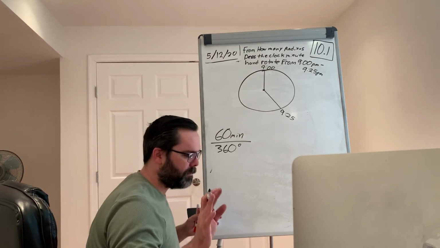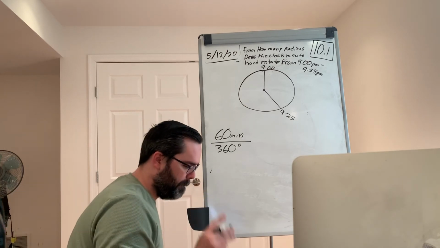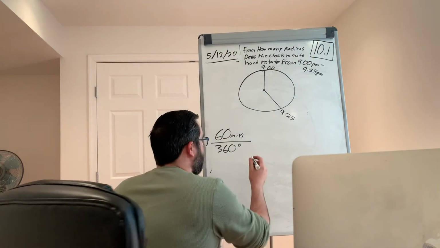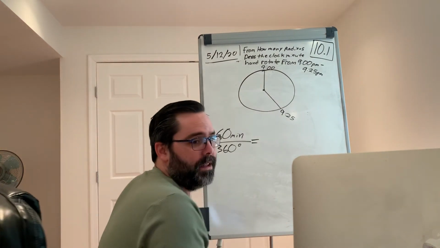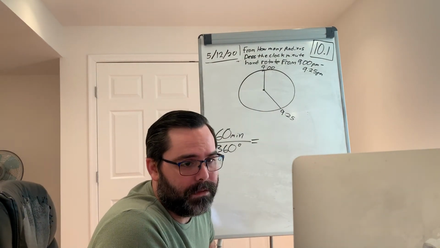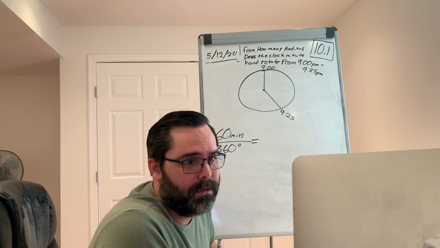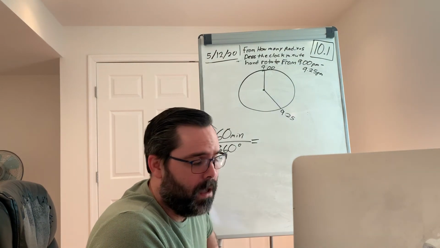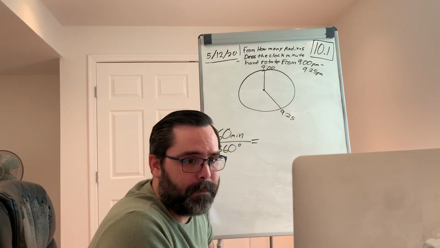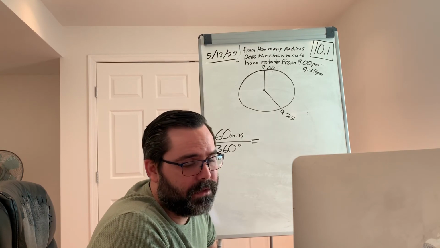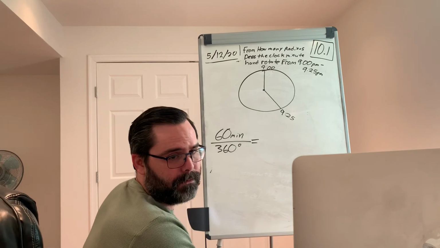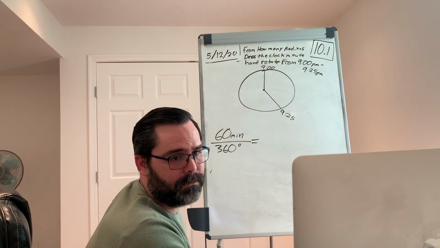Now, remember what I said at the very beginning of class. 360 degrees is how many radians? Not 2, close. 2 what? 2 pi.